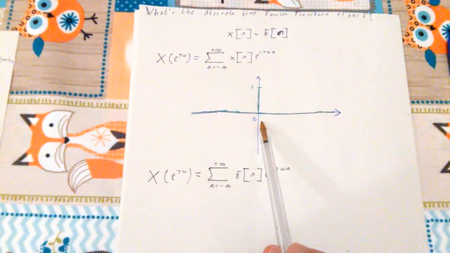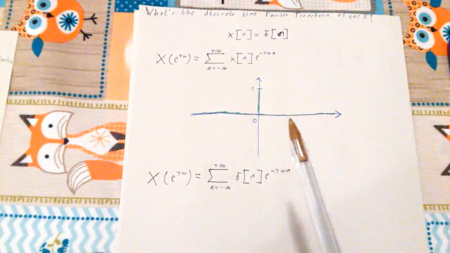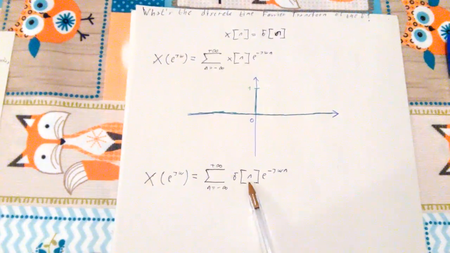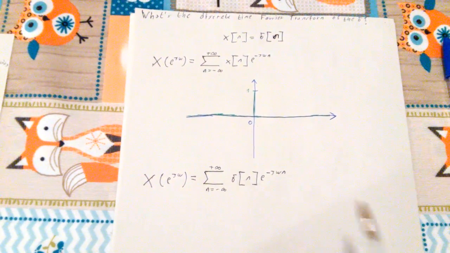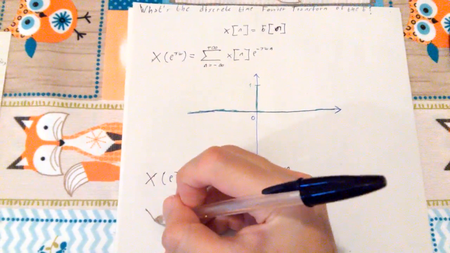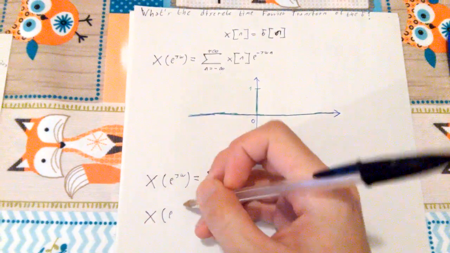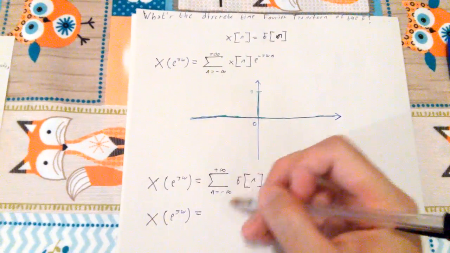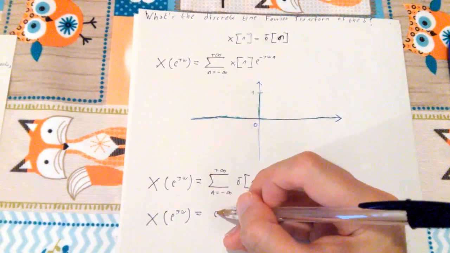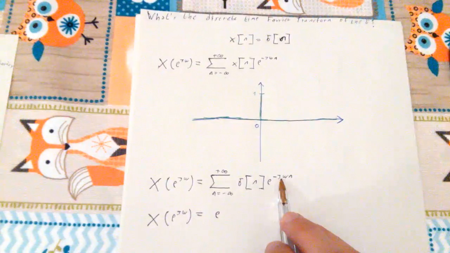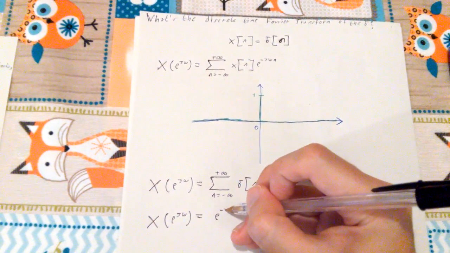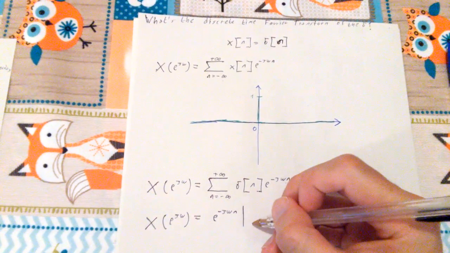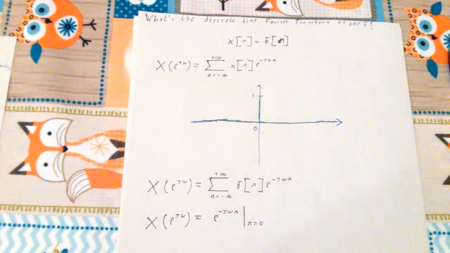So it makes sense to evaluate this whole thing only when n is equal to 0. What I'm saying is that instead of having this sum, we can easily write e to the negative j omega n evaluated when n is equal to 0.